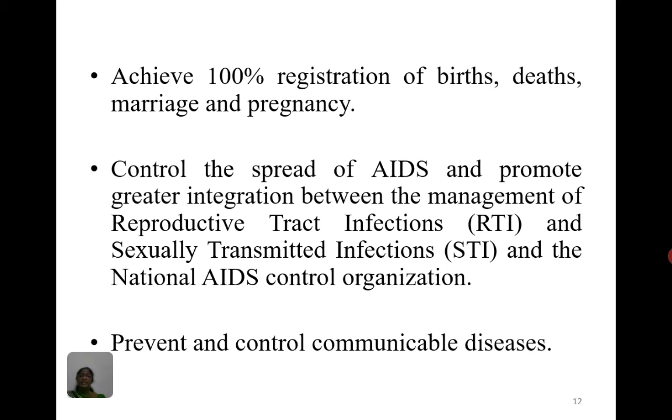Millions of people have been affected by this, and to control the spread of this disease, awareness programs and campaigns are organized, and necessary measures are taken to prevent the spread of AIDS. Prevent and control communicable diseases is also another goal set.